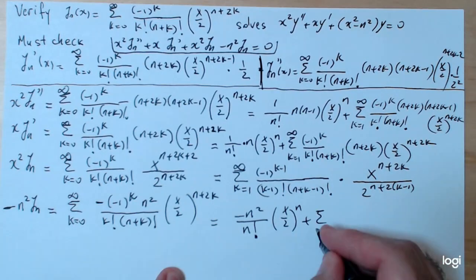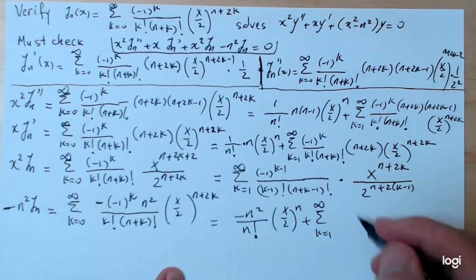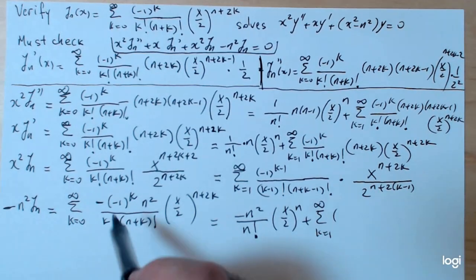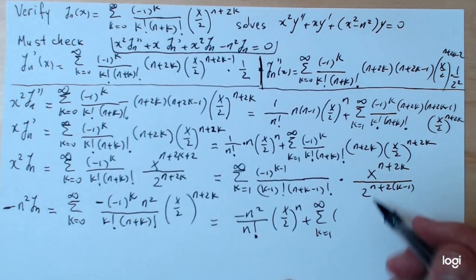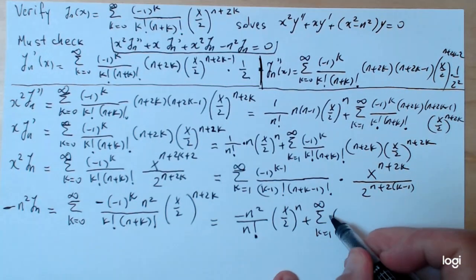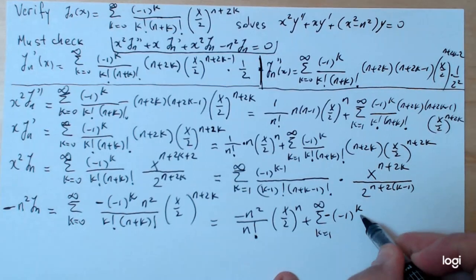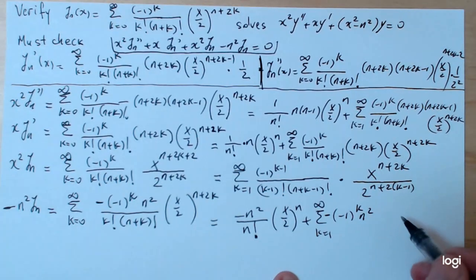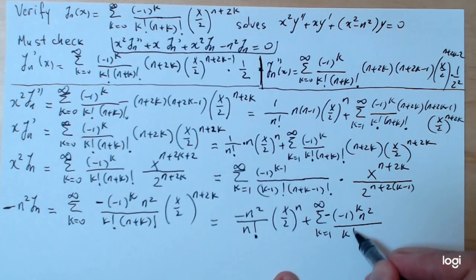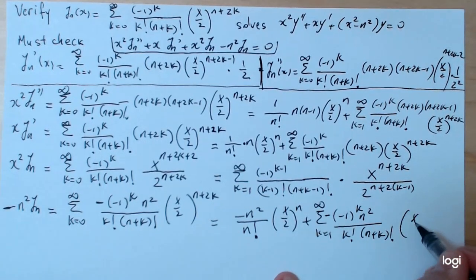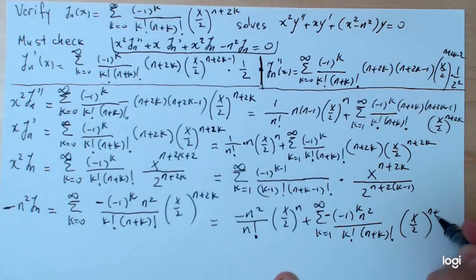And then the rest, again, the same thing from 1 to infinity now. Actually, let's leave that minus out. So minus 1 to the k, n squared over k factorial, n plus k factorial, x over 2 to the power n plus 2k.